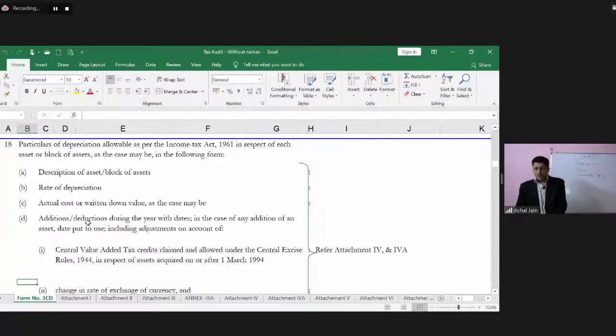Okay, so now moving on to this point 18. Particulars of depreciation allowable as per Income Tax Act in respect of each asset or block of assets as the case may be in the following form. So there's a prescribed format in which this information is required to be furnished. And what is this information? Information is all about depreciation.